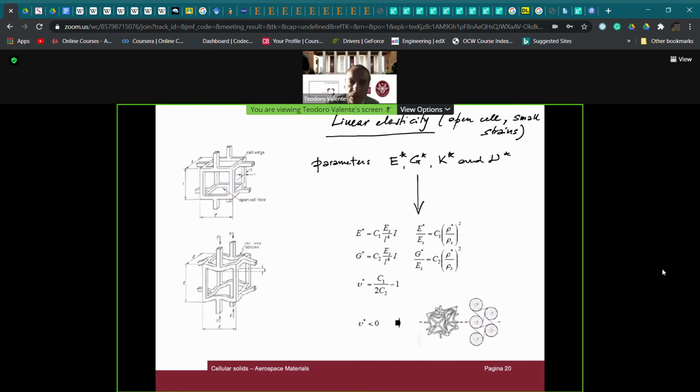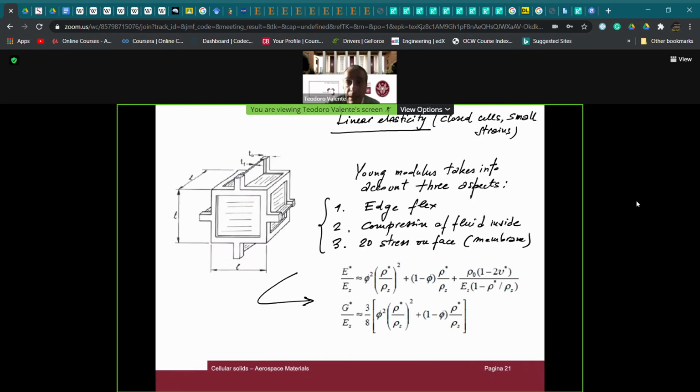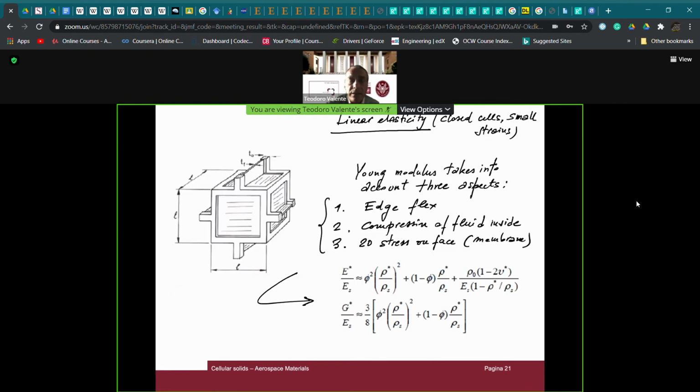So with these two very simple relationships, with our assumptions, we can have an offline evaluation of the elastic parameters which are going to define the response of the cellular cells here or here, in the case of elastomeric behavior or elastic-plastic behavior, but just limiting to the linear elasticity of the materials itself, differentiated in the case we have open and in the case we have closed cells.